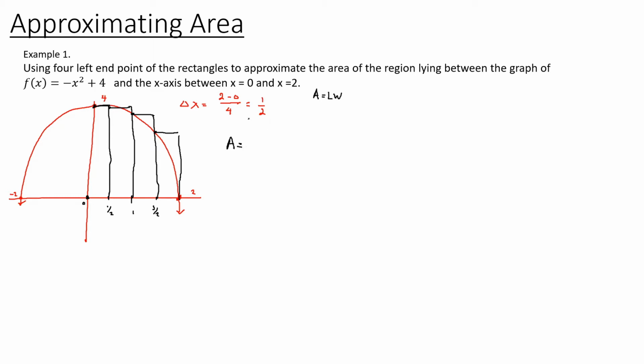and each width was 1/2. So the first rectangular shape has a width of 1/2 and the height, or the length, of f of 0. We went to the curve at 0. Second rectangle, once again, you have 1/2 as your width, and this time we use 1/2 to go up to the curve, so the length will be f of 1/2.